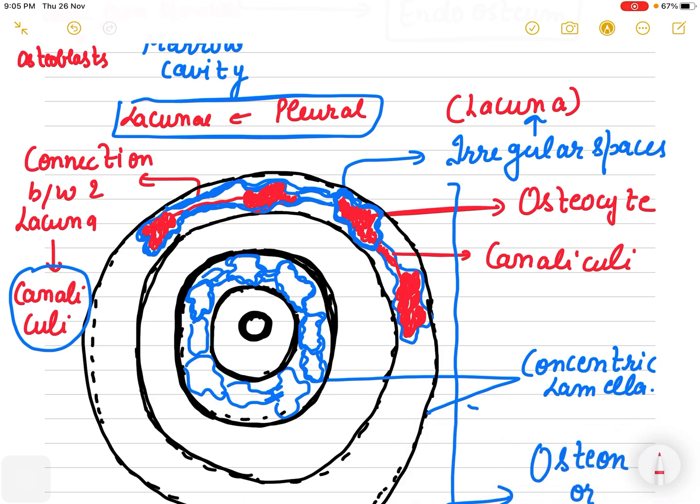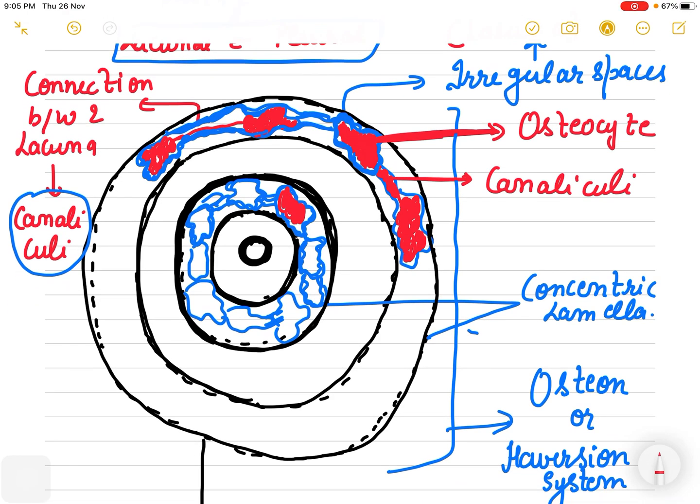Now in this lacuna, there are these red colored cells which I have drawn. These red ones are our osteocytes, and these osteocytes are also connected to each other with the canaliculi.